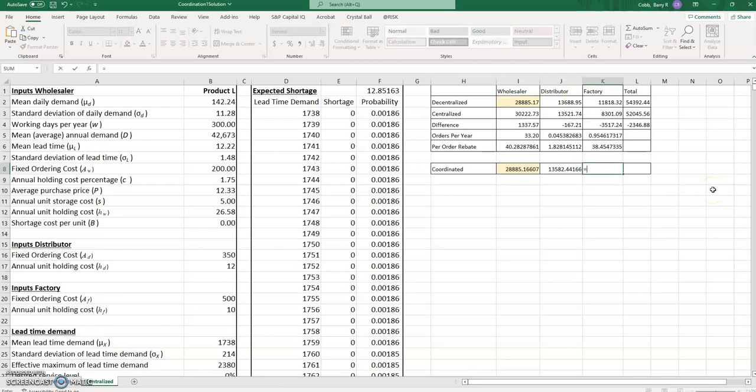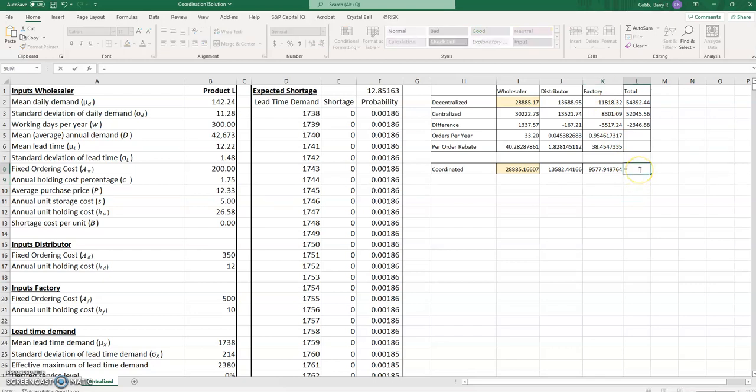We do the same for the factory. Take the centralized cost, and this effectively adds the orders per year times the per order rebate. And we should find the same thing. The factory is not going to be as low as their centralized cost in this mode, but they're not going to pay as much as they would in the decentralized mode. 95.77 is somewhere in the middle of their decentralized and centralized cost.